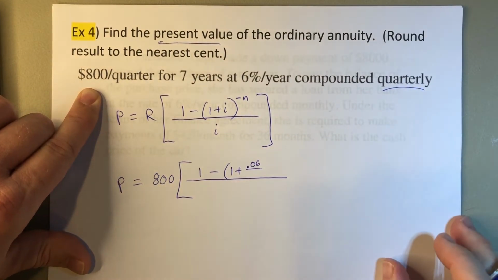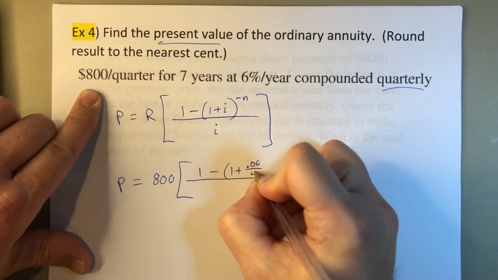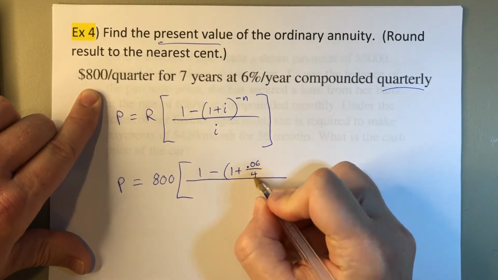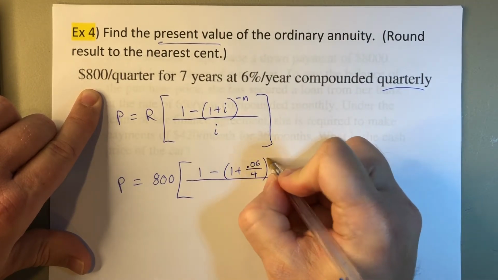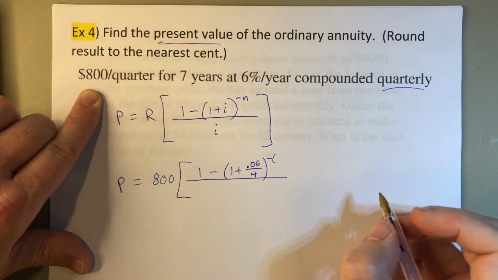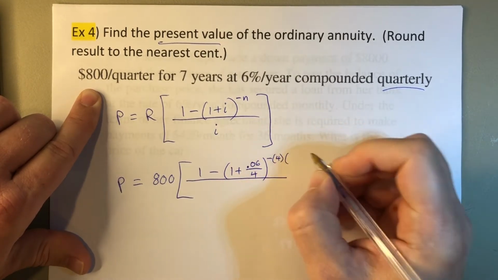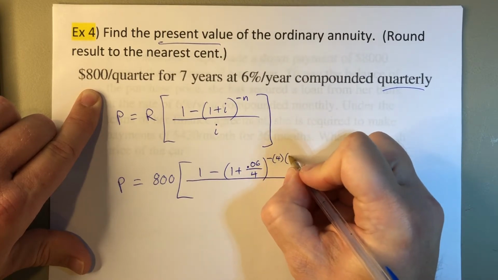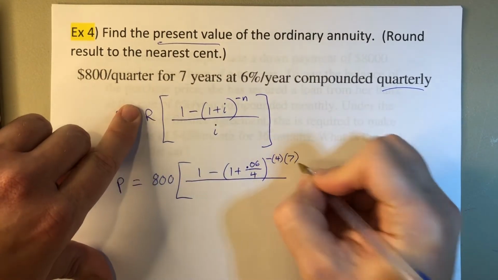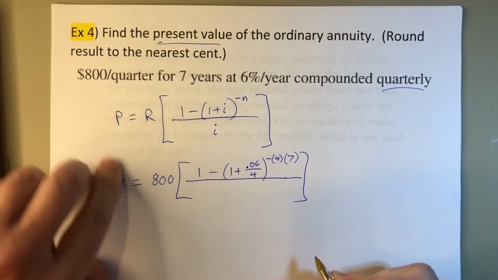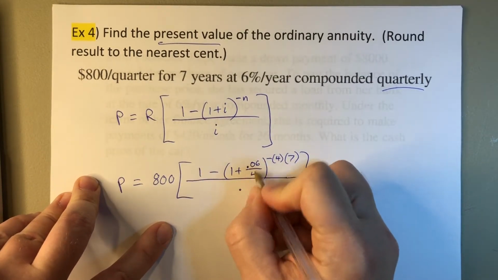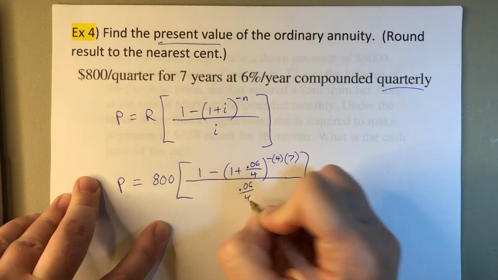Well, it's being compounded quarterly, so the m value would be 4, to the negative m times t, which is 7 years. Close quantity. And that's all over i again, which is right here, so 0.06 over 4.